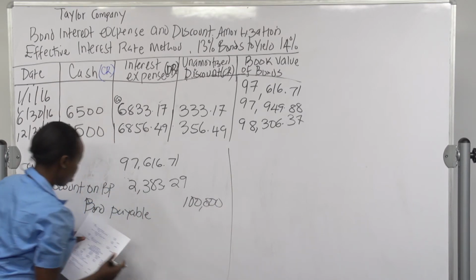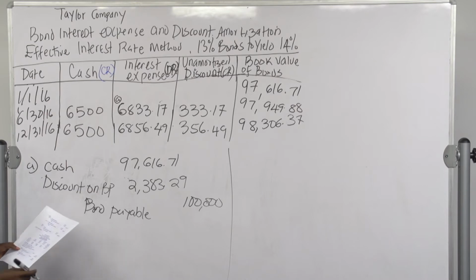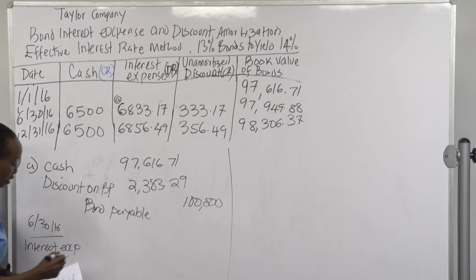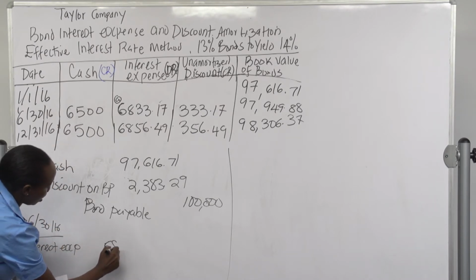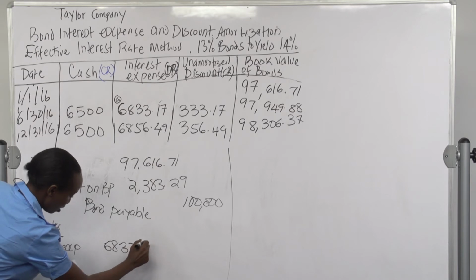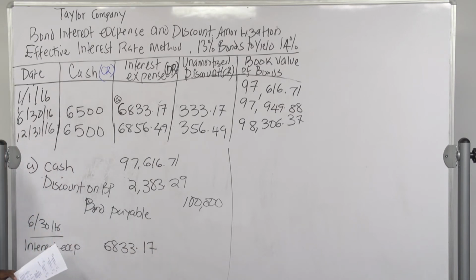Next, let's do the entry for June. On June 30th, 2016, we have interest expense, which we get straight from the table, $6,833.17.